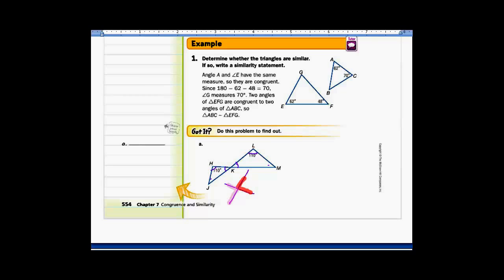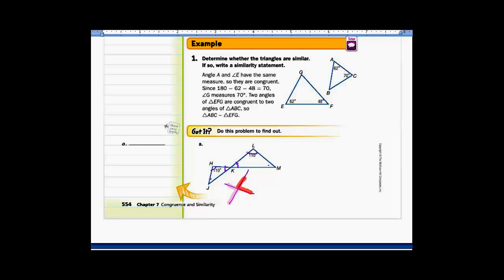Those are vertical because they meet at that point right there. So whatever this one is, this one is. So even though I don't know the exact measurement of those two, it doesn't matter. I know that they are the same. So if these two are the same and these two are the same, then the triangles are similar.